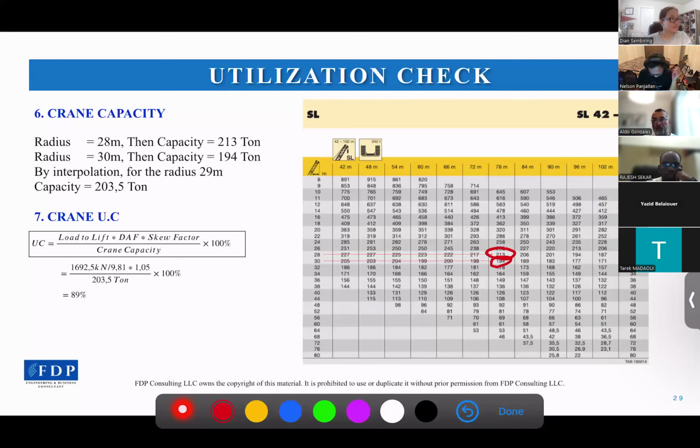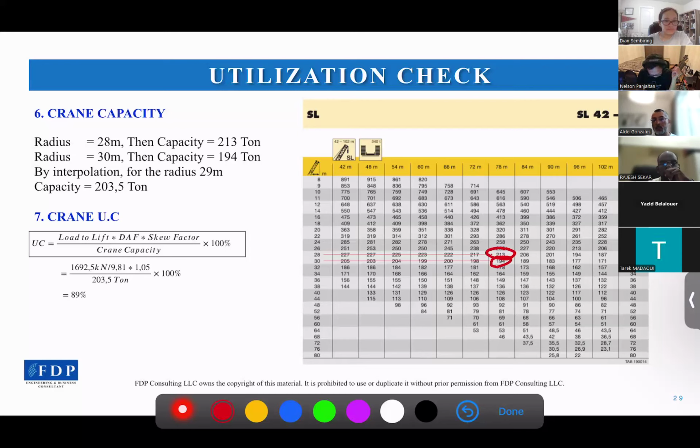So we are using interpolation to get the 29 meter radius, right? Yeah. So we need to sum 213 plus 194. Yeah, but probably in your marking there is some mistake.